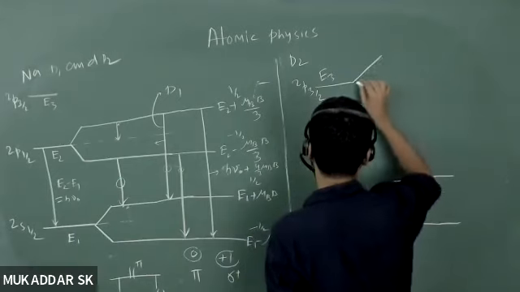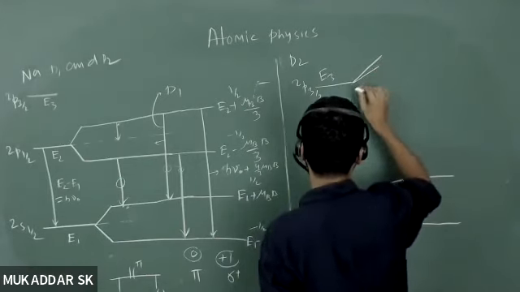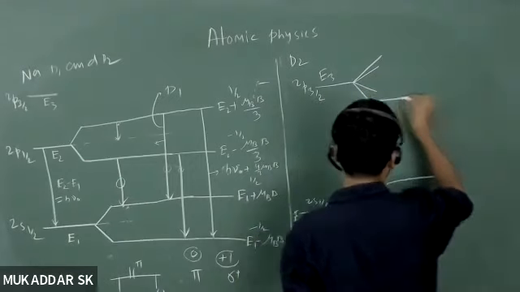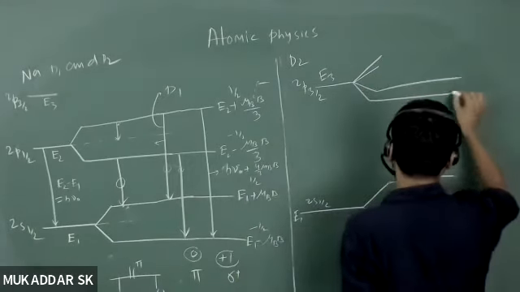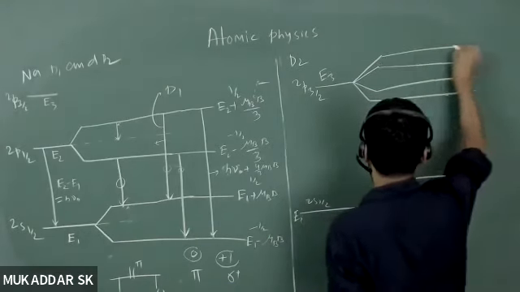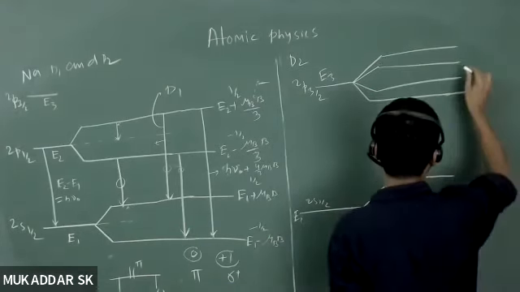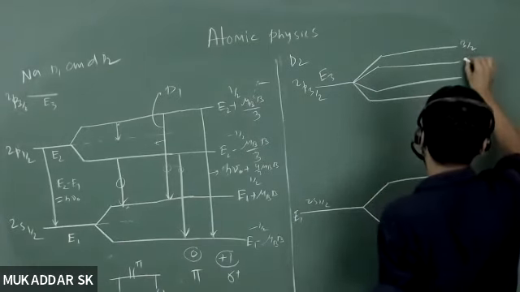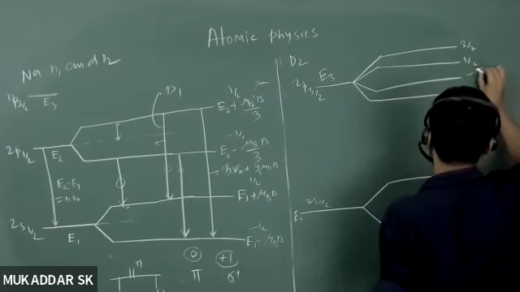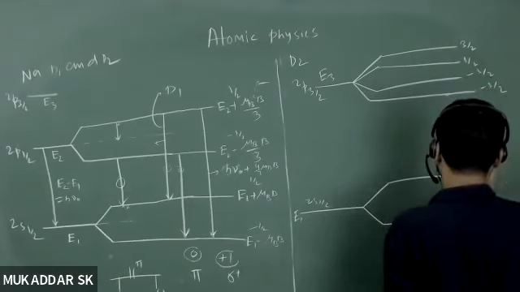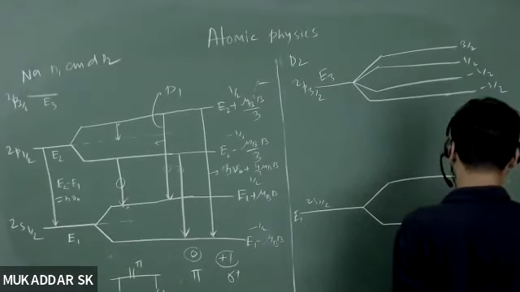So it will be split into how many sublevels? 4. Good. Okay, mj value is how much here? 3/2, right? Then half, minus half, minus 3/2. Here half, minus half.